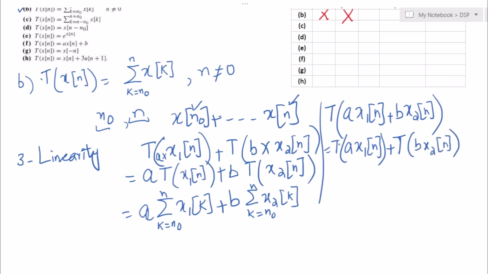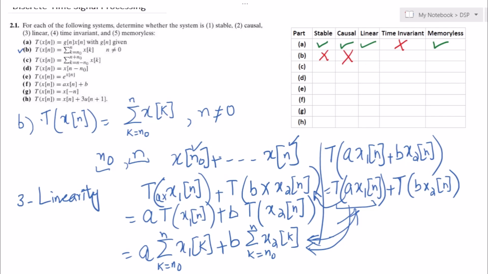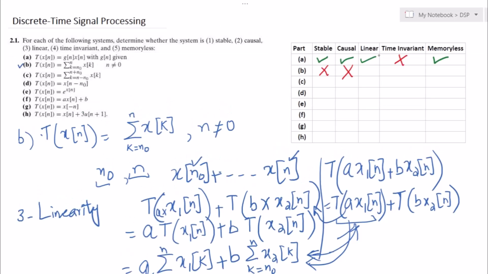It is similar to what we have here, and ultimately it will give us the similar answer. So this is equivalent to this one, these two are equivalent, so the system we have here is a linear system.